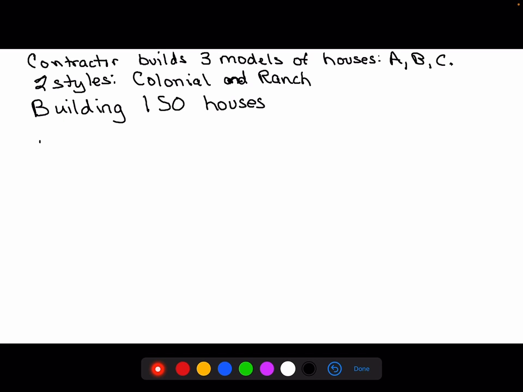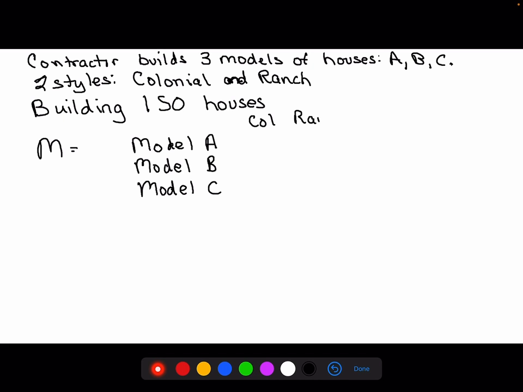Okay, matrix M is going to show us the distribution of houses by model and style. So the rows are going to be the models, and then the columns are going to be the styles, colonial and ranch. We're going to have a matrix here.